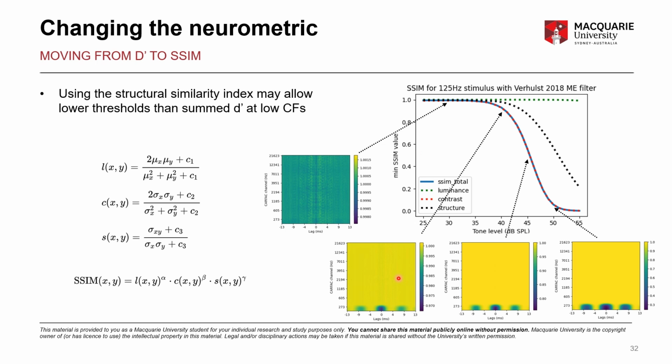However, if you look at 40 dB, you can already start to see the structure in the SAI that is associated with that oscillatory firing rate at 125 Hz. So we believe that using the SSIM and the correct scaling factors, we will be able to improve the sensitivity at these low frequencies, at 125 Hz, and match that at 3 kHz.